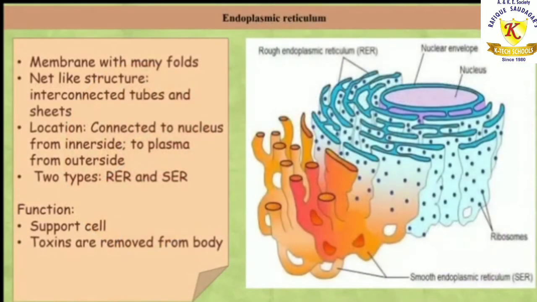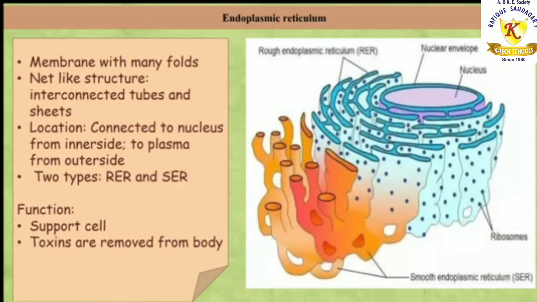The next one is endoplasmic reticulum. So what is it? The organelle which conducts various substances inside the cell is called endoplasmic reticulum. It is also denoted by ER. Now this endoplasmic reticulum has many folds and it is a net-like structure consisting of interconnected miniature tubes and sheets filled with fluid.